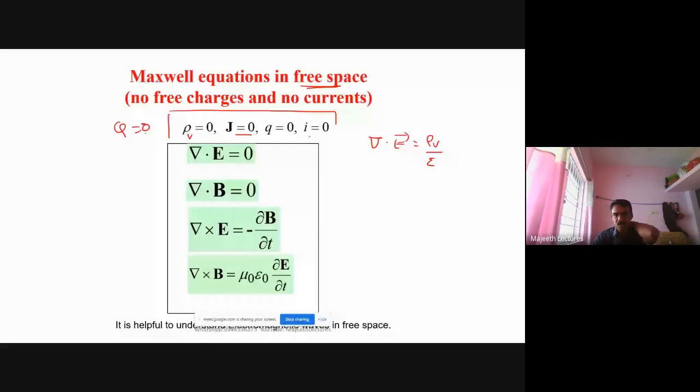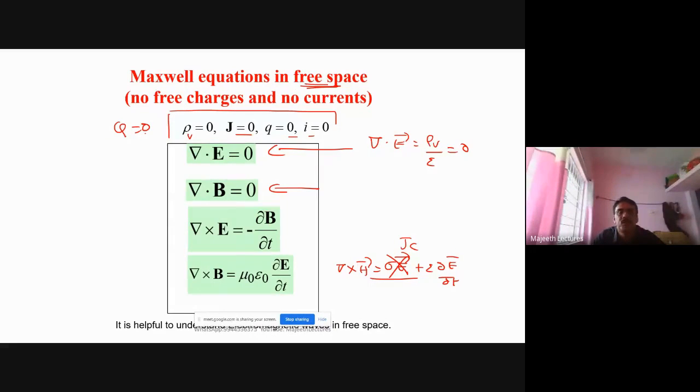So rho V is 0, meaning del dot E is 0. Del dot B is already 0. Del cross E is minus dou B by dou T. Del cross B or del cross H is equal to sigma E plus epsilon dou E by dou T. In free space, sigma is also 0, so this will go out, only epsilon dou E by dou T remains.